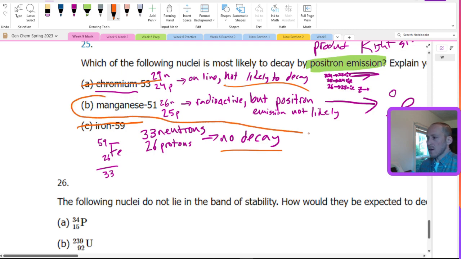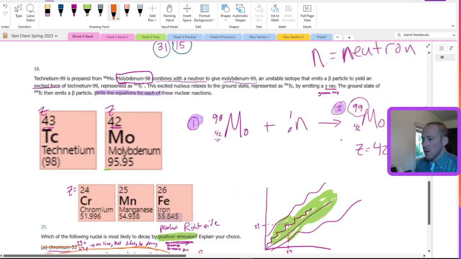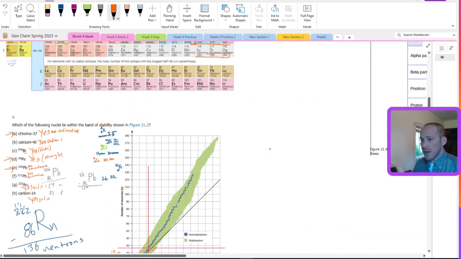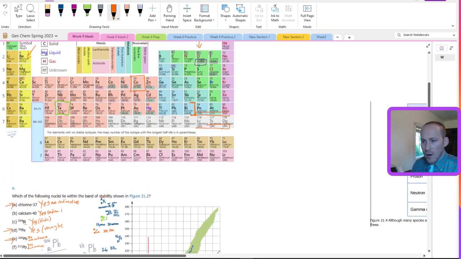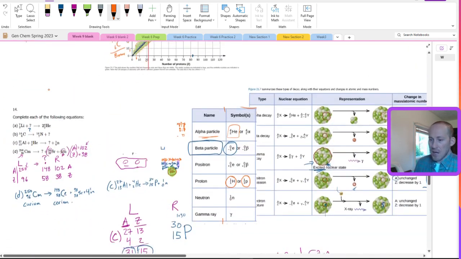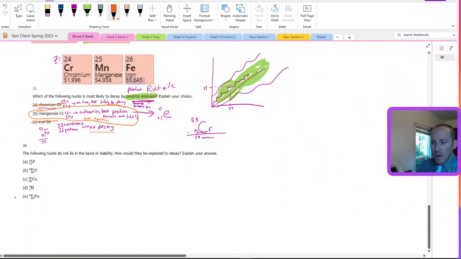Manganese, I think, is going to lose 3 positrons. And that would take it from 25 down to 22, which would make it into an isotope of titanium. I buy it. Okay, nice.